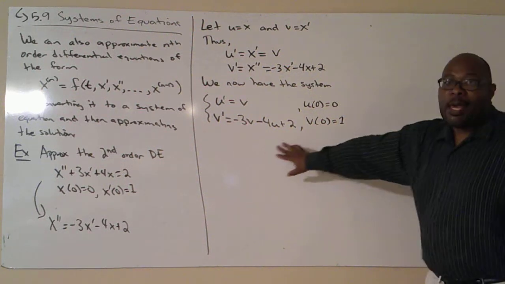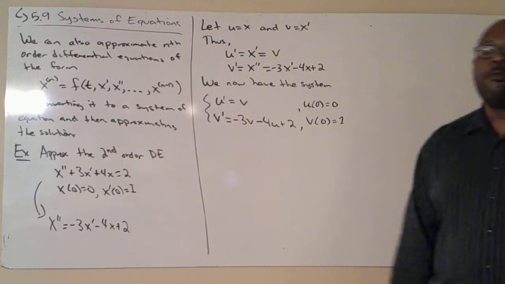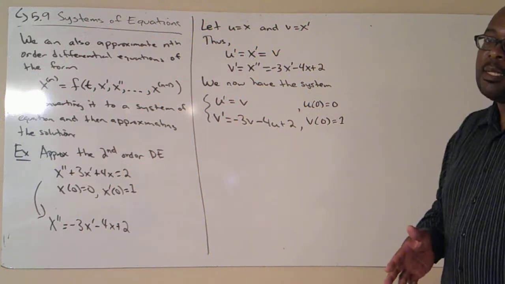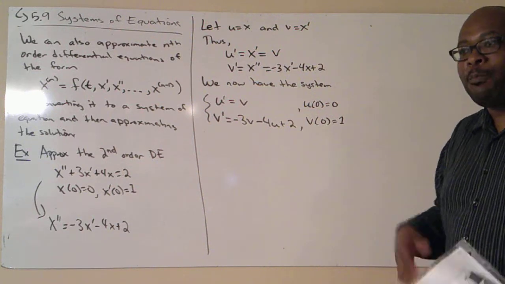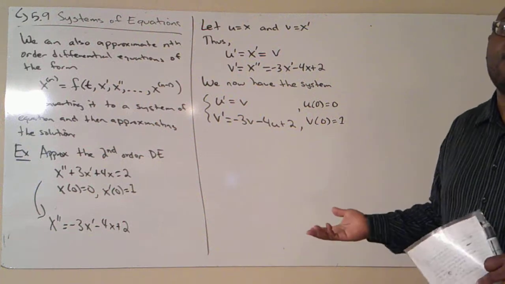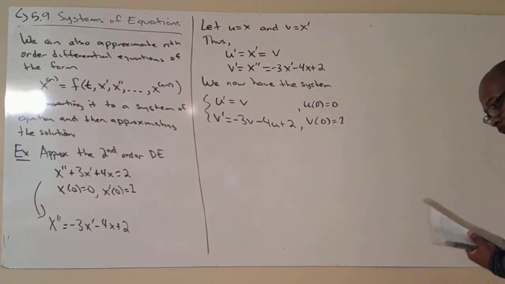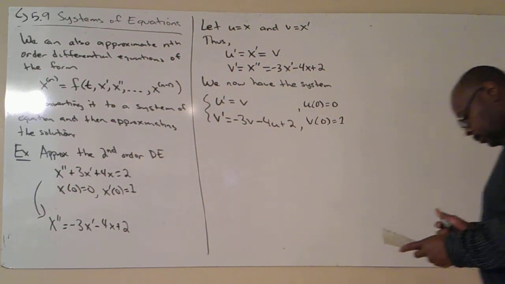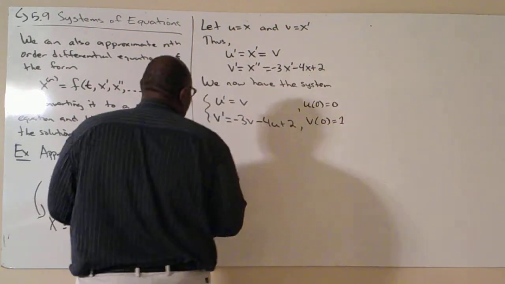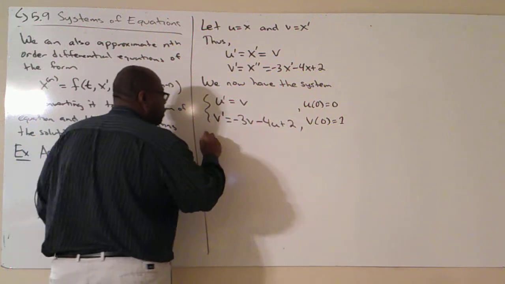And guess what? Now we have a system of equations just like we did in the previous video, where we can use either Euler's method or Taylor's method. Let's use Euler's method here to approximate the solution.